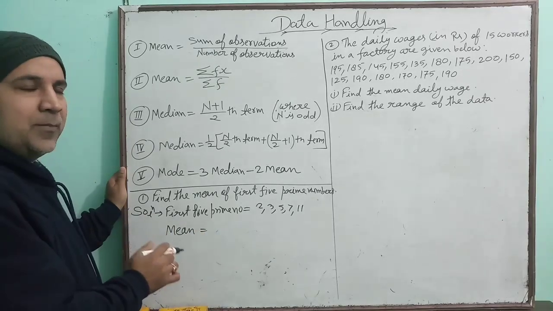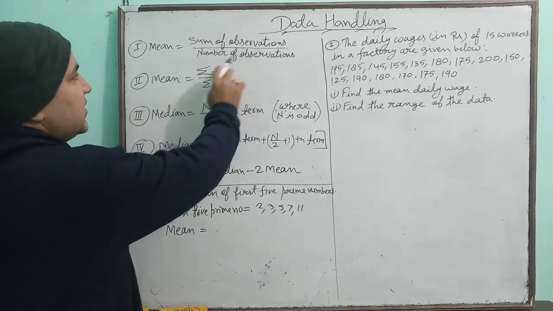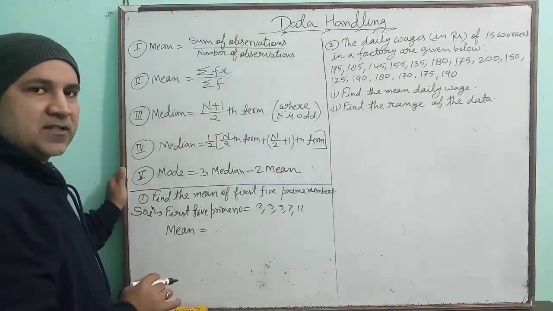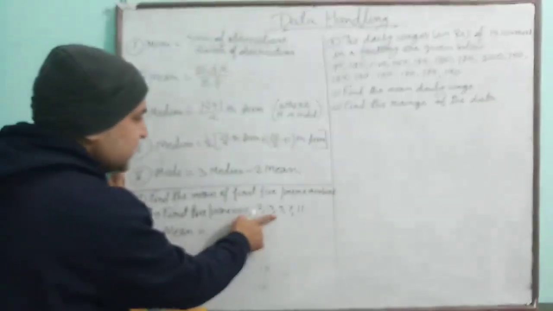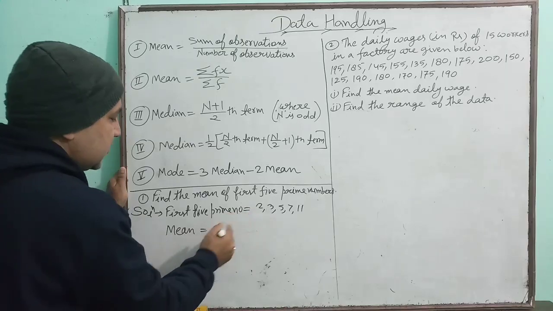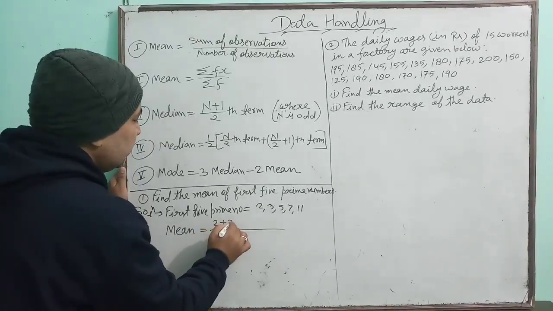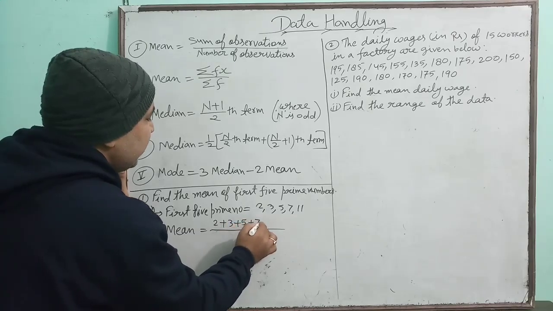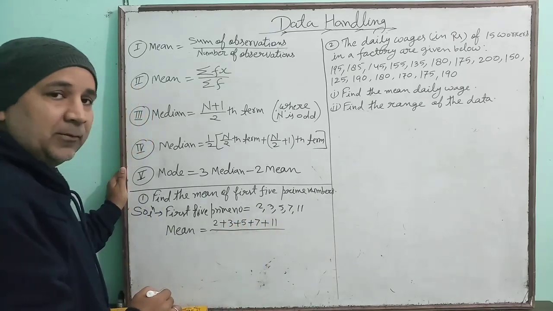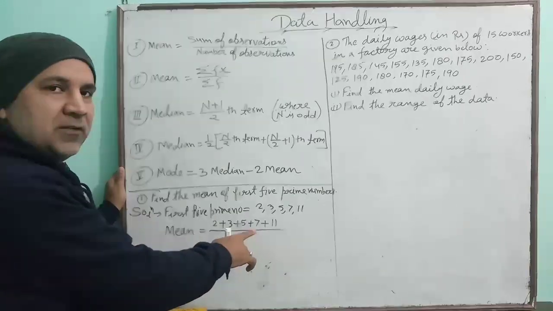The formula for mean is sum of observations upon number of observations. Now see, these are called the observations. So how to find the sum of these? 2 plus 3 plus 5 plus 7 plus 11. And then number of observations.